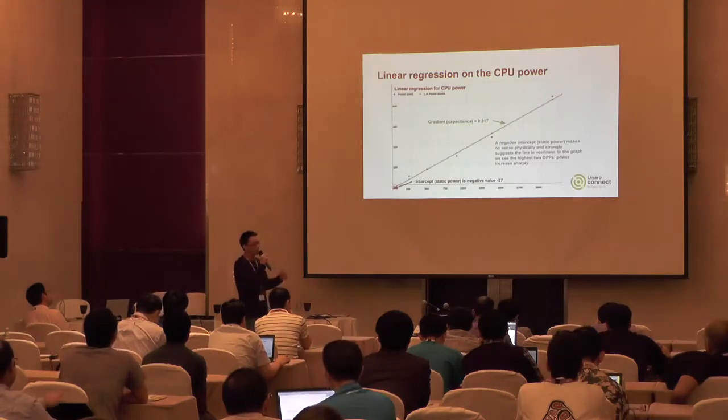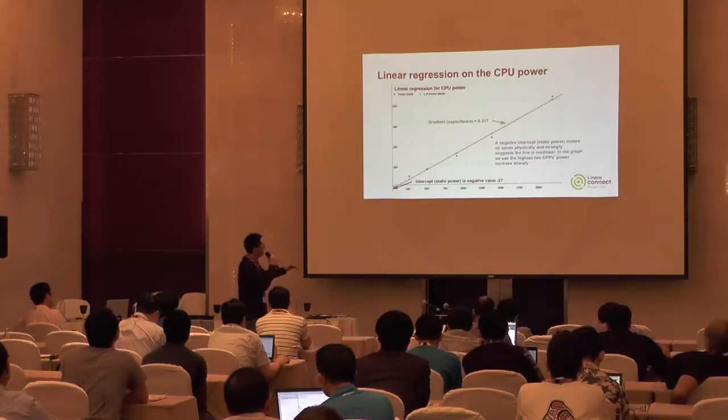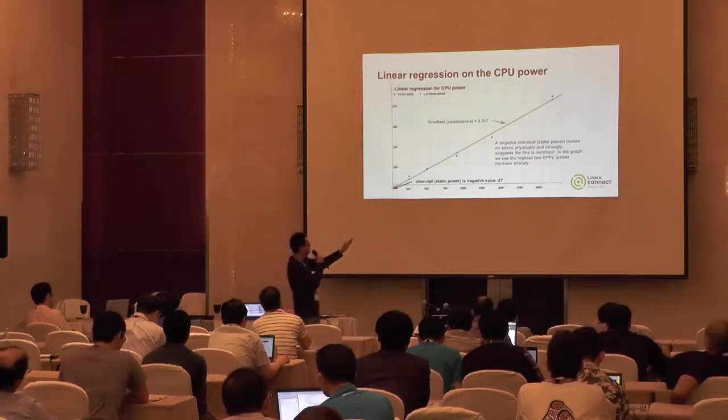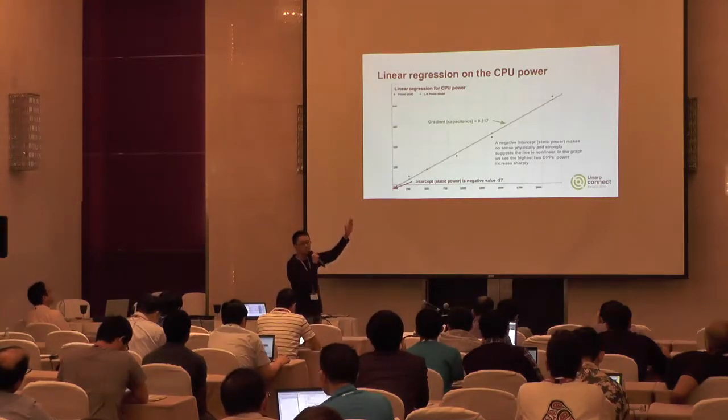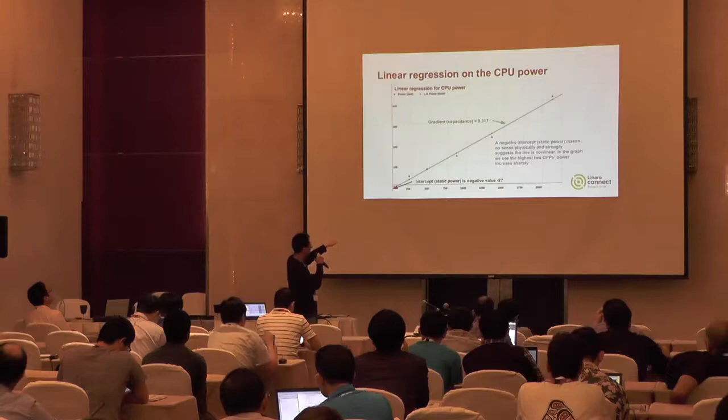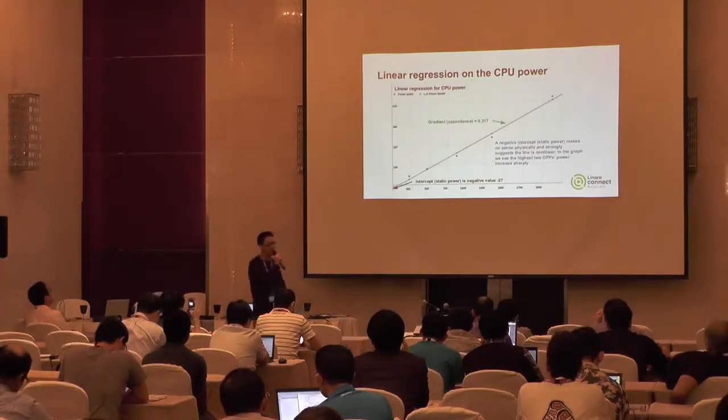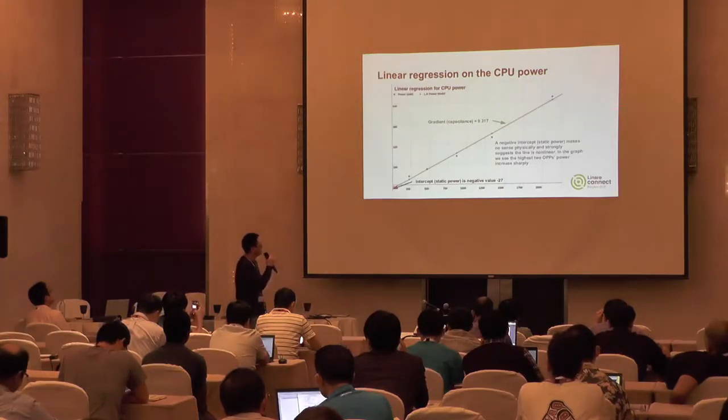This is caused by the highest two operating points increasing their power very sharply, so the gradient and intercept end up with a negative value.